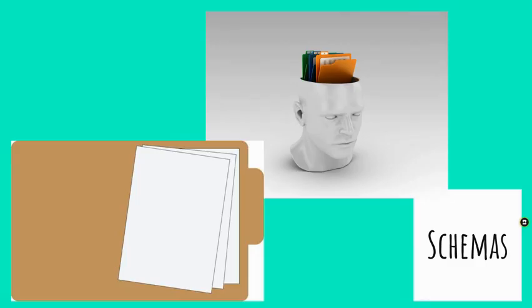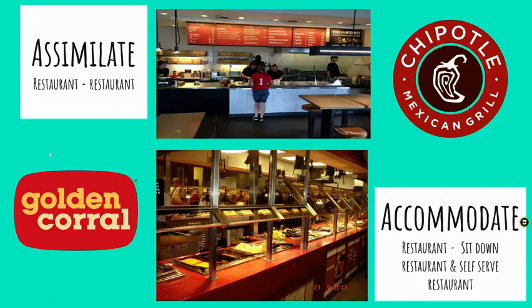And we have to figure out as children how to organize that information. Do we put that new piece of information, that new thing that we see or experience, into a folder we already have? Or do we need to create another folder to house that information? Piaget called this process assimilation or accommodation.